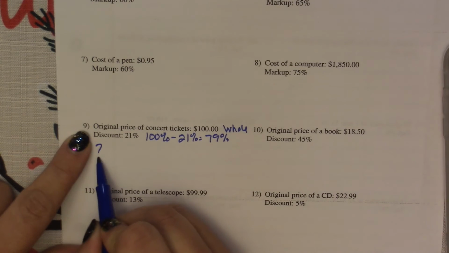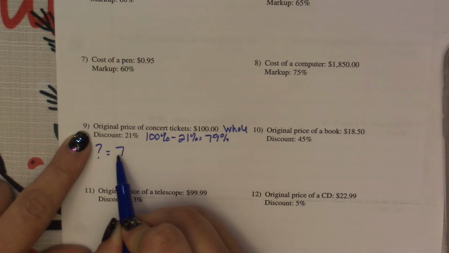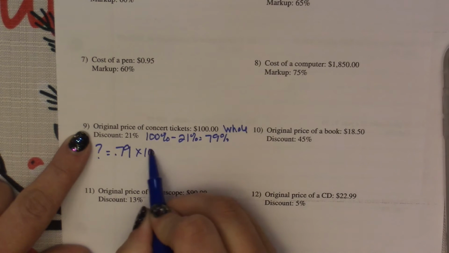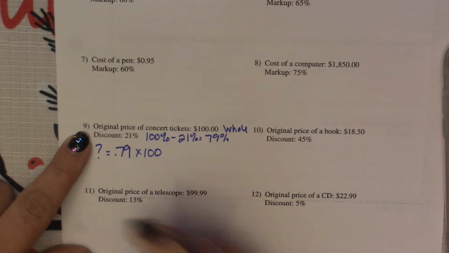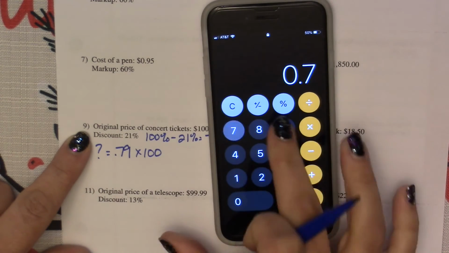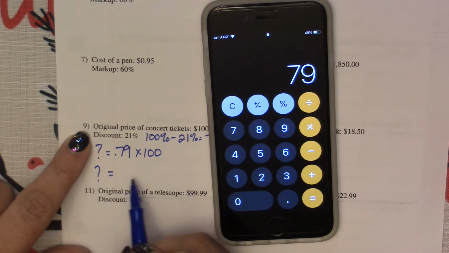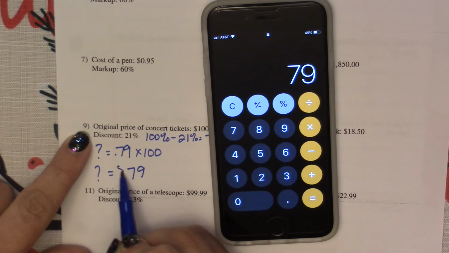All right, so the customer pays 79% as a decimal times the whole, 0.79 times 100 gives us a selling price for the tickets of $79.